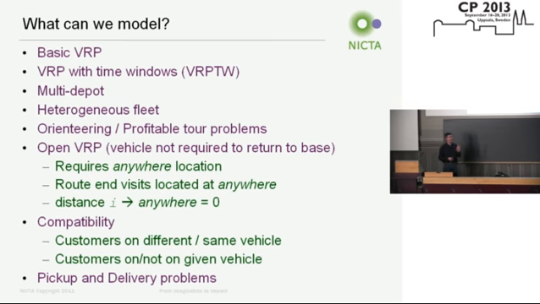All we need is a special location called anywhere, so that the cost of getting from any location to anywhere is 0. And then we have as the end location of all our routes anywhere, and this turns it into an open VRP. We can do compatibility by simply modifying the domain of either the successor variable or the route variable. And we can do PDPs, pick-up and delivery problems.